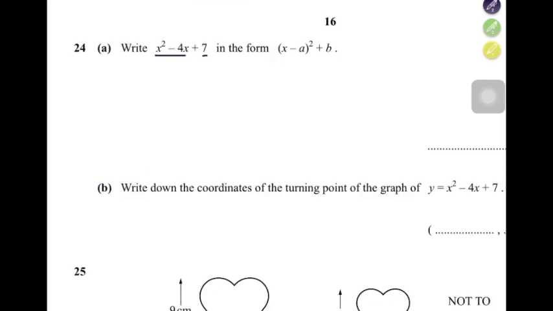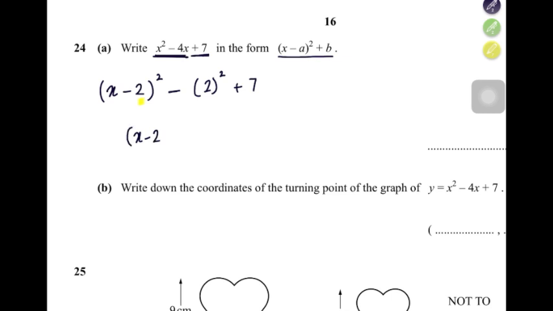Question 24a, write x squared minus 4x plus 7 in the form x minus a squared plus b. First of all, we can write x squared minus 4x as x minus 2 whole squared. Now we're supposed to subtract, and whatever the number is here, we get 2, we're supposed to square it. 2 squared, and then we're left with plus 7, so add plus 7 here.